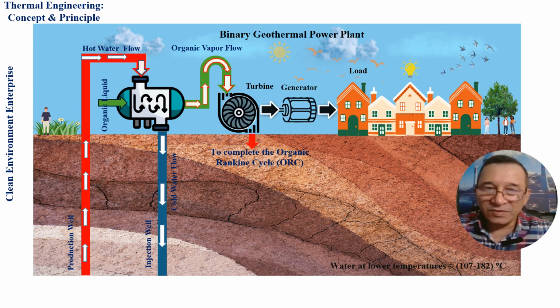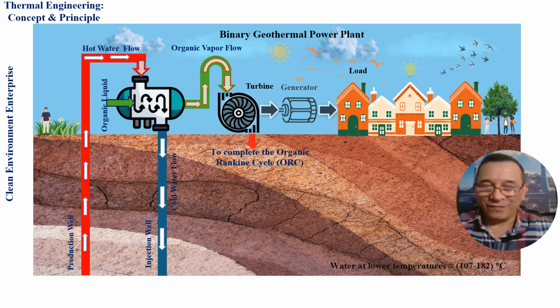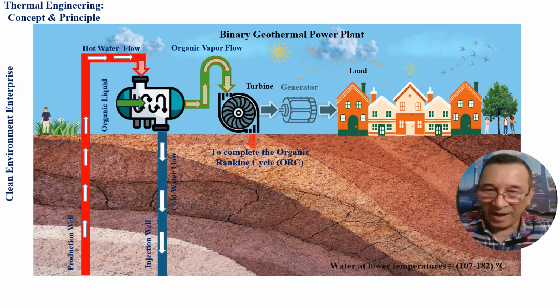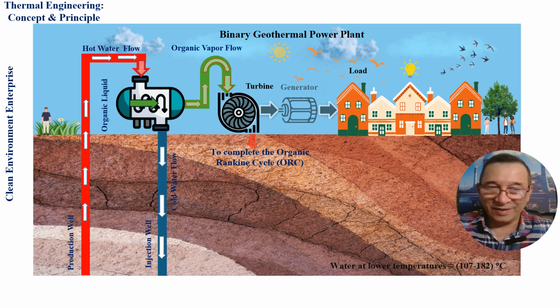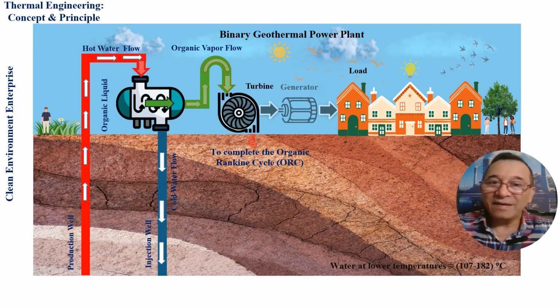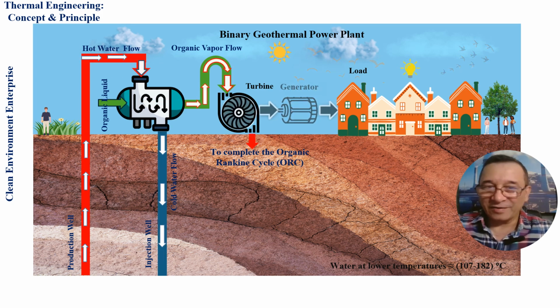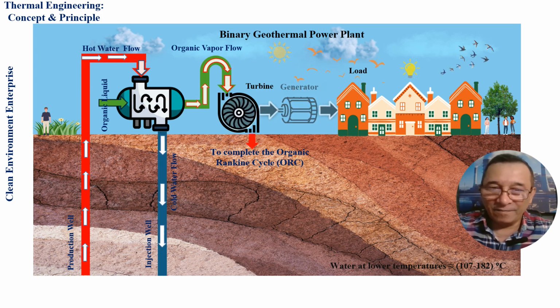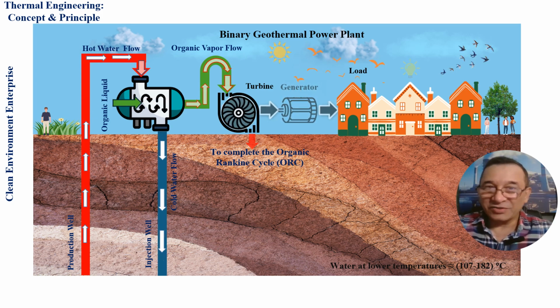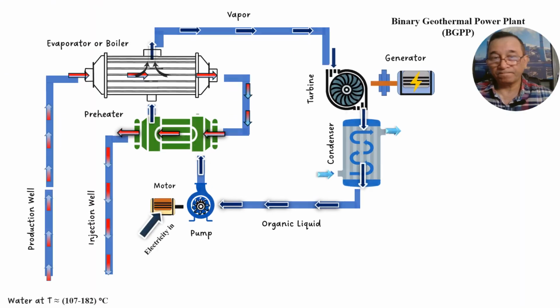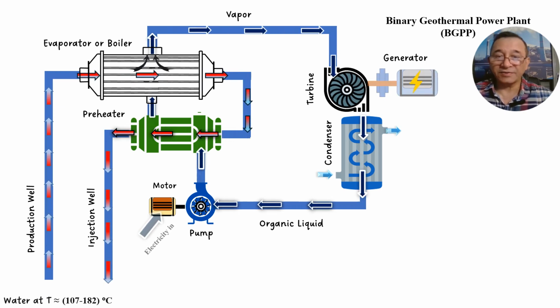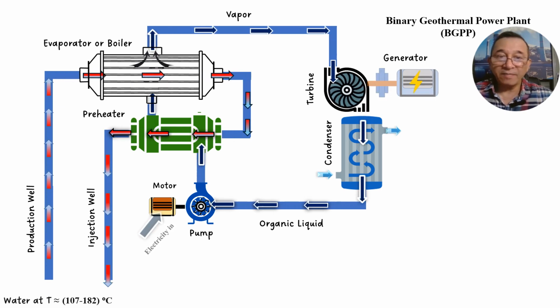Here we are talking about steam, referring to the vapor of the organic fluid which is circulated in that cycle. It is a closed circuit, which will be described in detail for the organic fluid circulated in the heat exchanger.